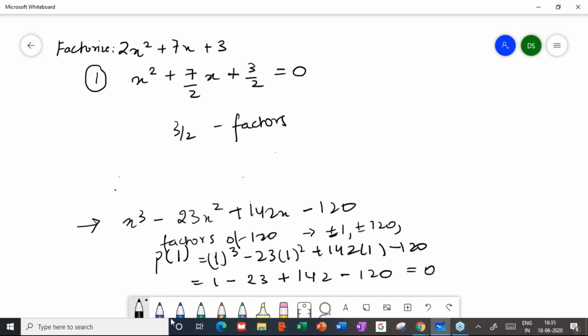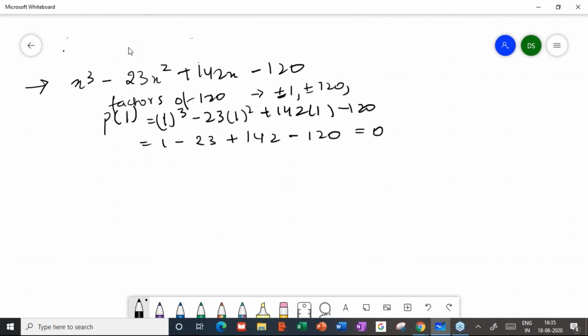This basically comes to 0. So from here we can say that x minus 1 is a factor. Okay, so we've established one of the zeros, and since it's a cubic polynomial, there will be 3 zeros.